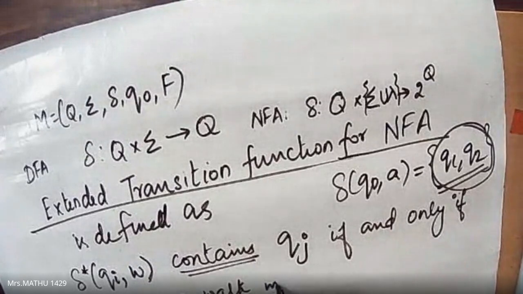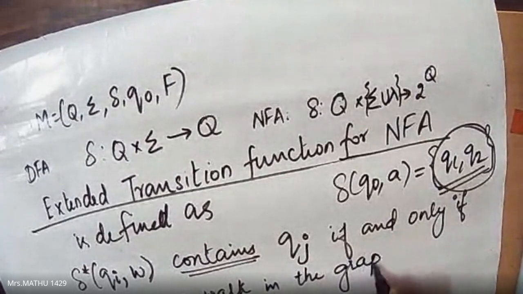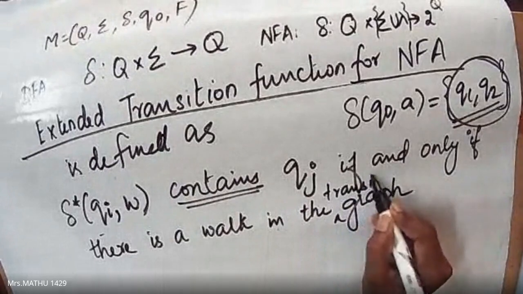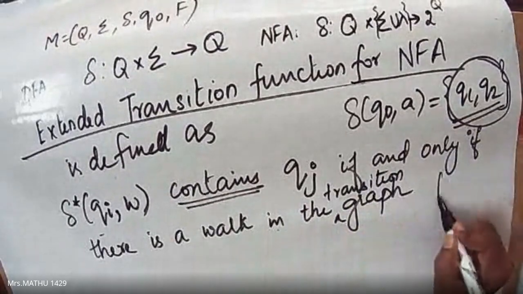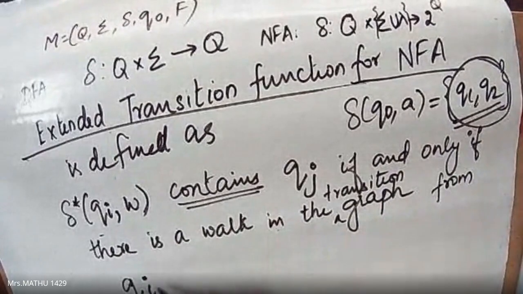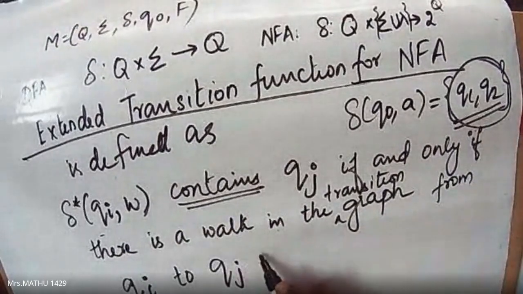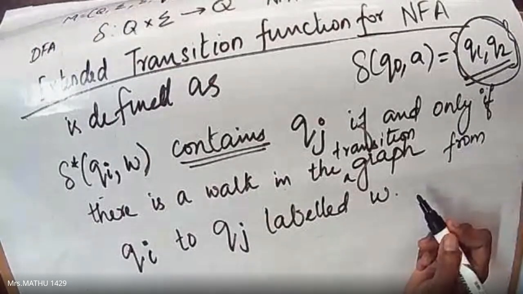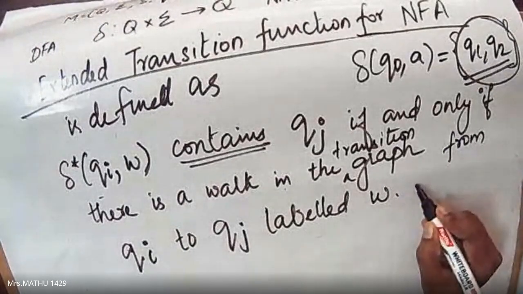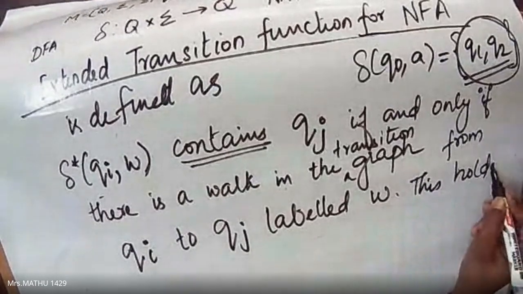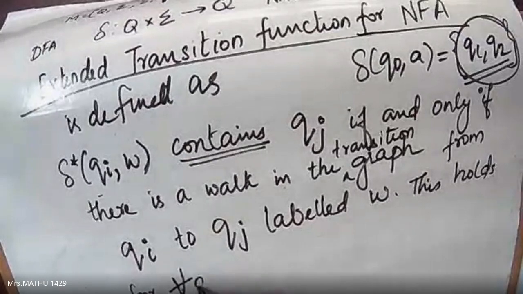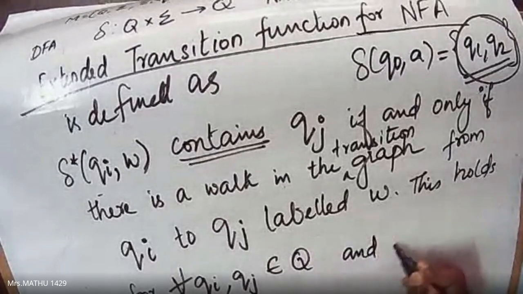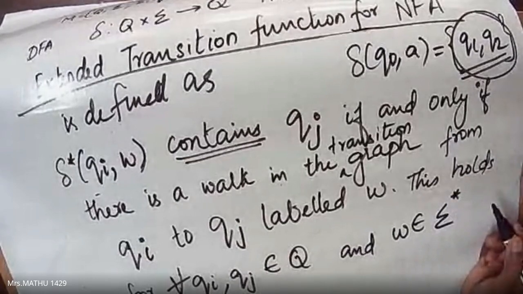A walk in the graph, that is the transition graph, in the transition graph from Qi to Qj labeled W. And this holds for all Qi comma Qj belonging to capital Q and W belonging to sigma star.